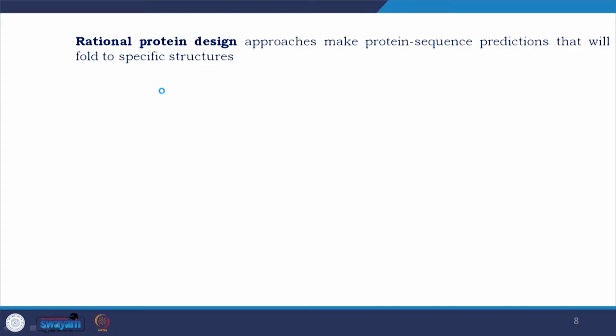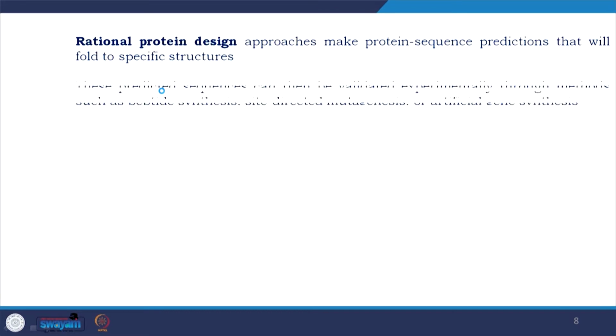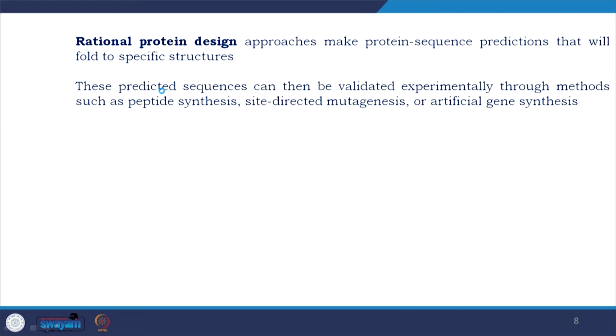Rational protein designing approaches make protein sequence predictions that will fold to specific structures. These predicted sequences can then be validated experimentally through methods such as peptide synthesis, site directed mutagenesis or artificial gene synthesis.